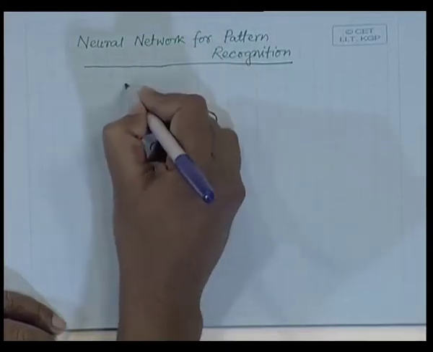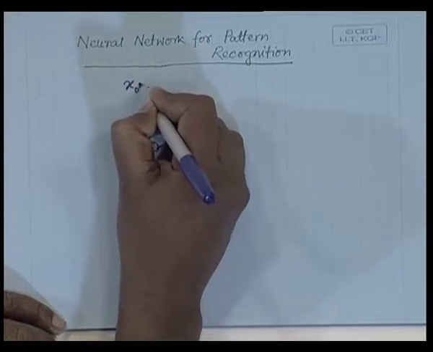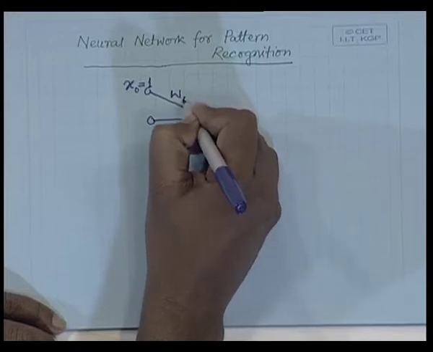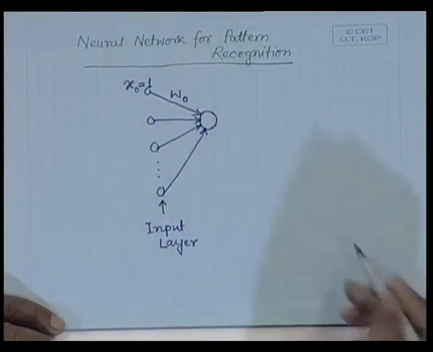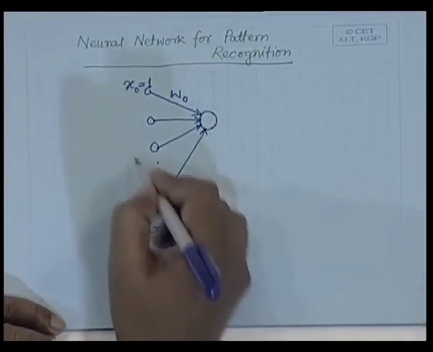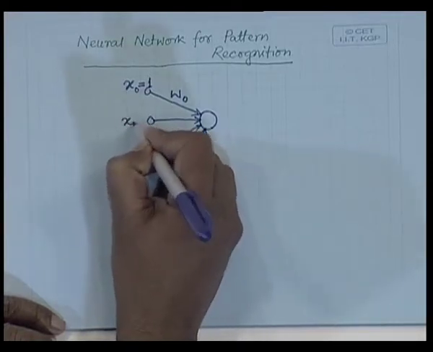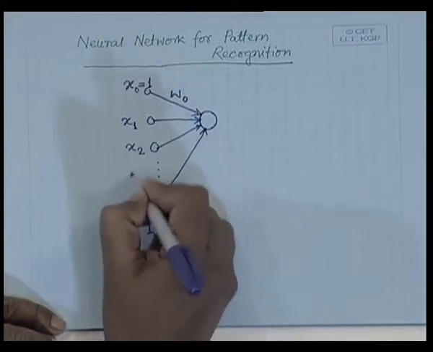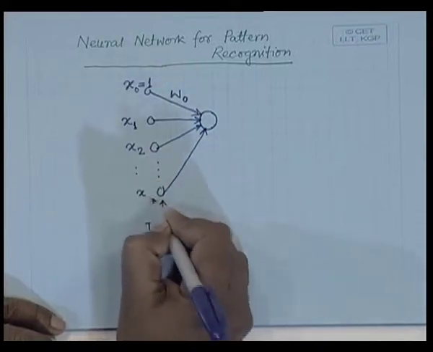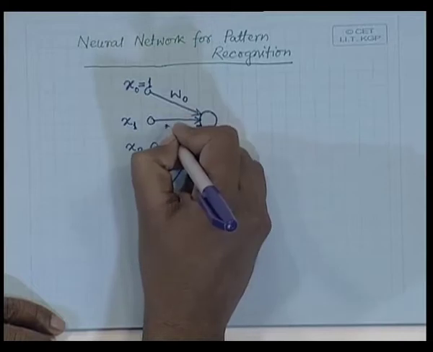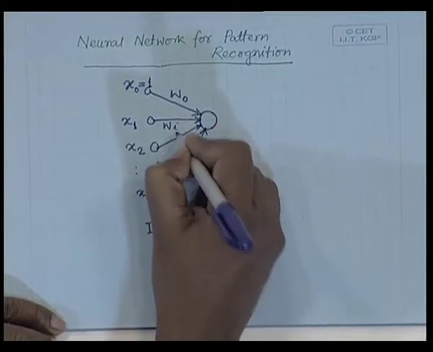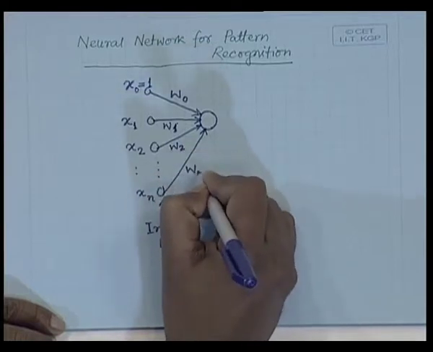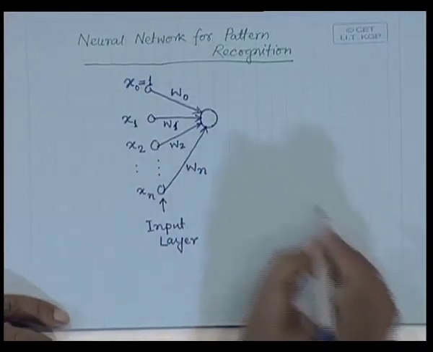Here I have x 0, which is usually set to 1, and the connection weight over here is W 0, which takes care of the bias weight. Whereas, the other inputs will have the different feature components x 1, x 2 up to say x n, and the corresponding connection weights are W 1, W 2 up to W n, okay.